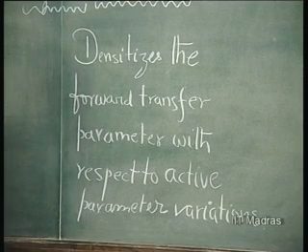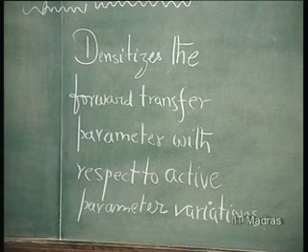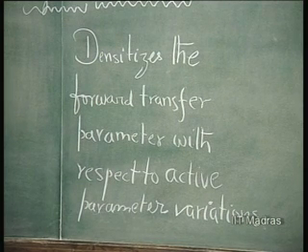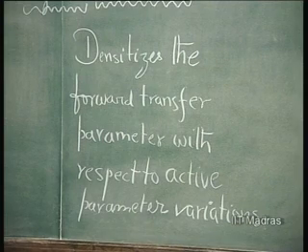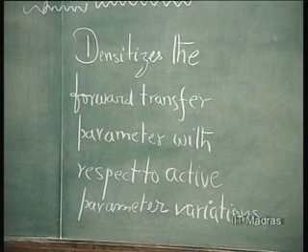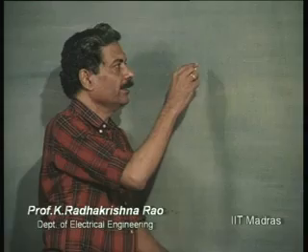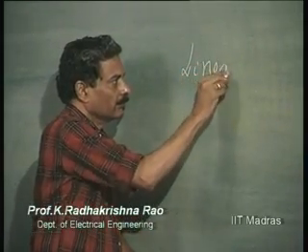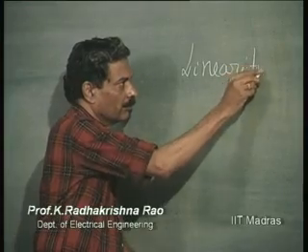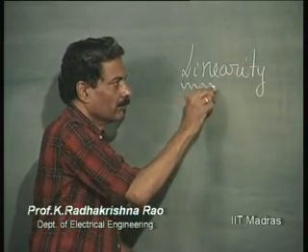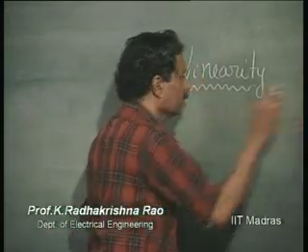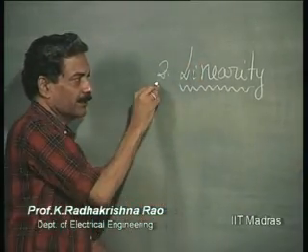This is an important aspect of negative feedback amplifier design. Now, the second aspect of amplifier design, which we will now consider, is regarding linearity. This is the first aspect. The second aspect is linearity.